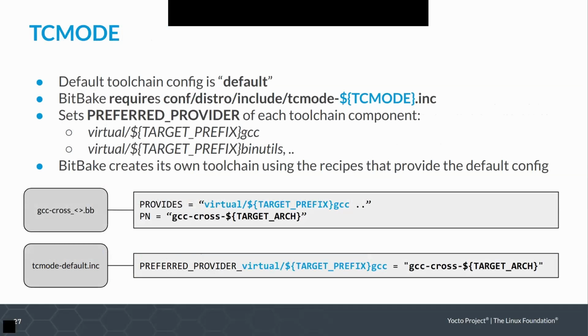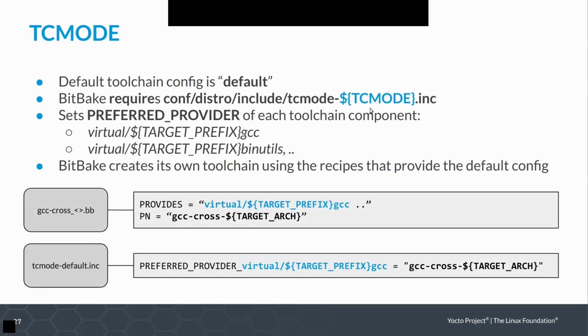So there's another very important variable, which is TCMODE, which is the toolchain mode. The default toolchain configuration is default. This is set in the main BitBake configuration file. So BitBake requires conf/distro/include/tcmode-${TCMODE}.inc, the include file for the variable TCMODE.